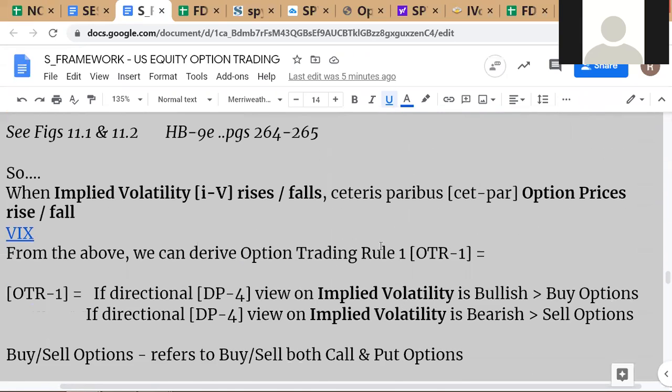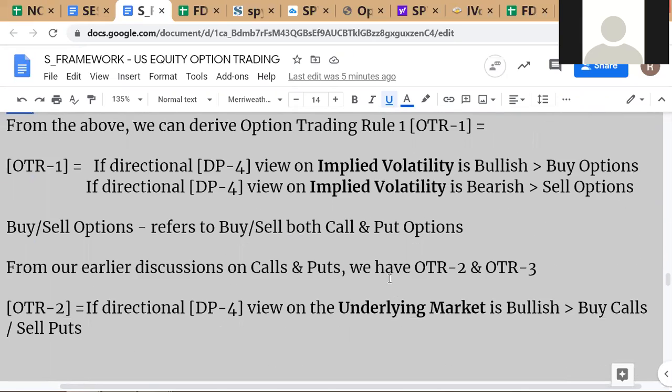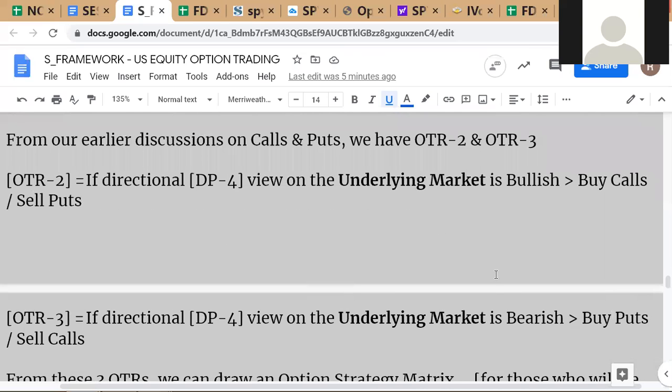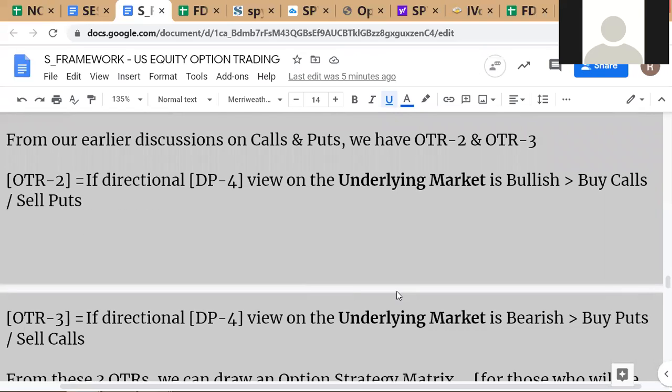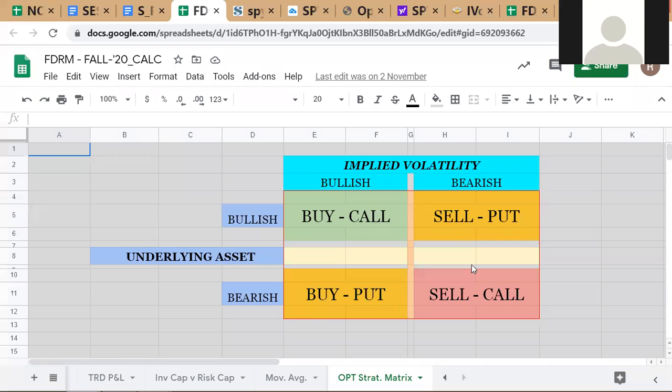We looked at all the eyeball movements, the views, the eyeball charts and the underlying market charts and the views. We got the 3 OTRs, and now we have this. It's very simple. If your eyeball view is bullish and your underlying asset view is bullish, you're a buyer of calls.